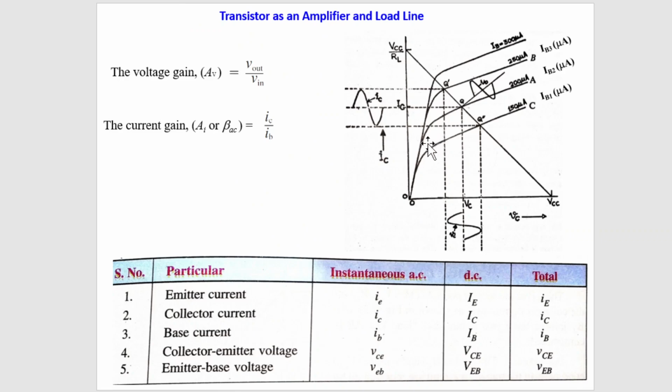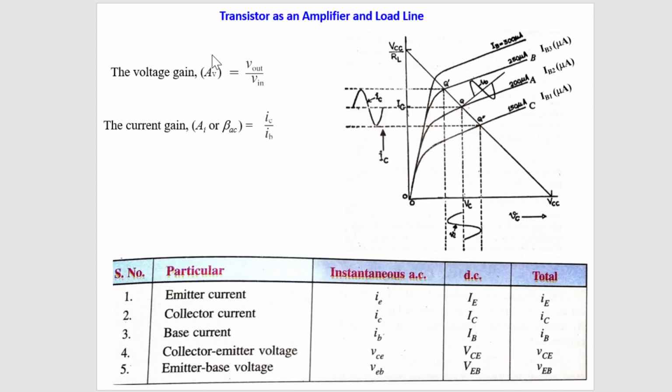Take voltage gain A_V. Remember, when we are using a transistor as an amplifier, there will be terms like current gain, voltage gain, input impedance, and output admittance, as I introduced when the signal was purely DC.